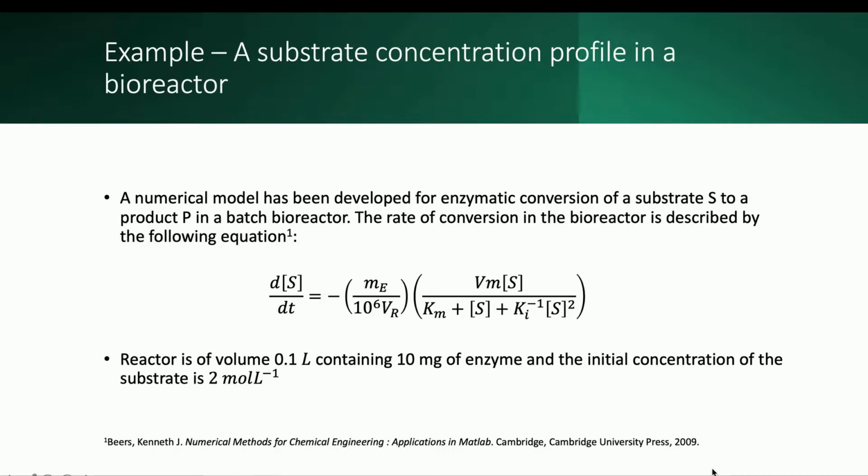The reactor is volume 0.1 L containing 10 mg of enzyme, which corresponds to Me, and the initial concentration of the substrate is 2 moles per liter. Vr is the volume of the reactor. Vm, Km, and Ki to the power minus 1 are parameters to be estimated, and S is the concentration.